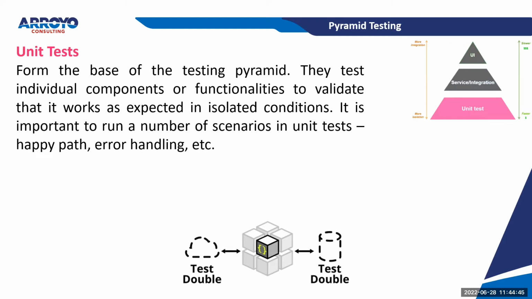So the idea with unit tests is that you run, at minimum, the happy path running well, and the other scenarios do not fail if you run the same kind of process.